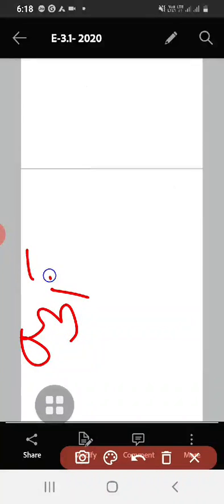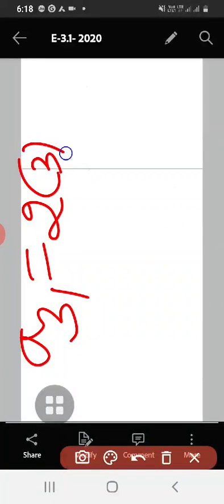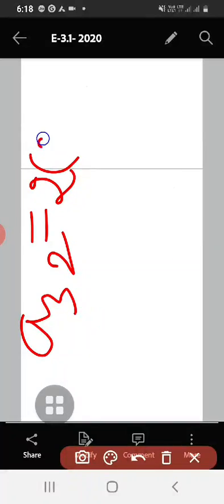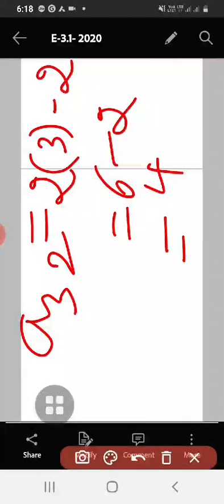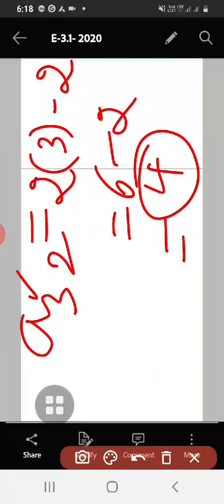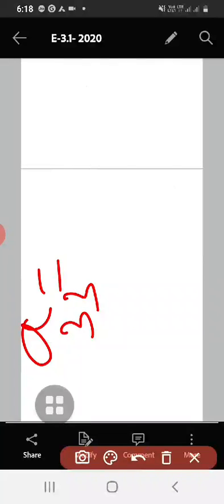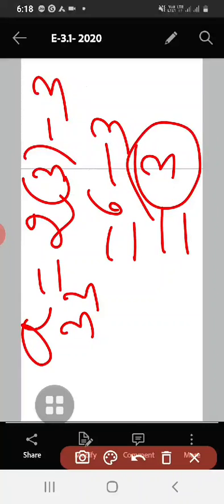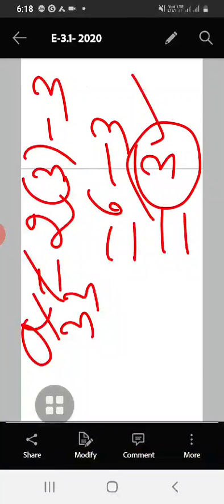Then let us consider the last row. A31, that is 2i minus j, 6 minus 1, that is 5. Then A32: 2 into 3 minus 2, 6 minus 2, that is 4. Third row, second column is 4. Then A33 is equal to 2i minus j, 6 minus 3, that is 3.